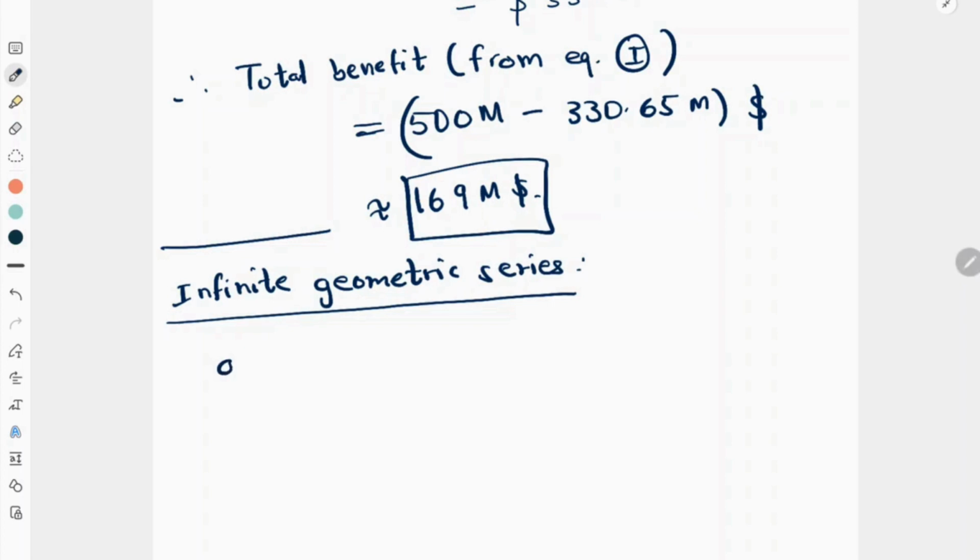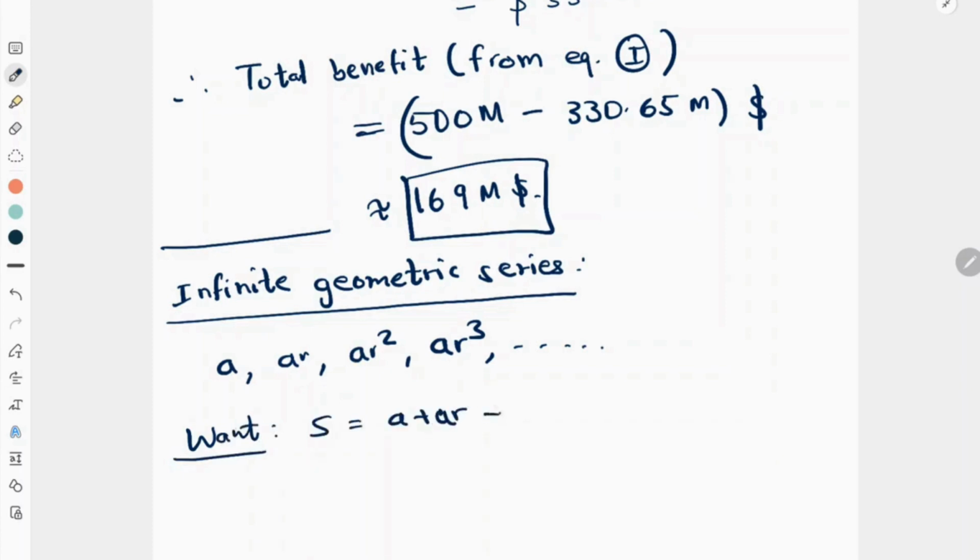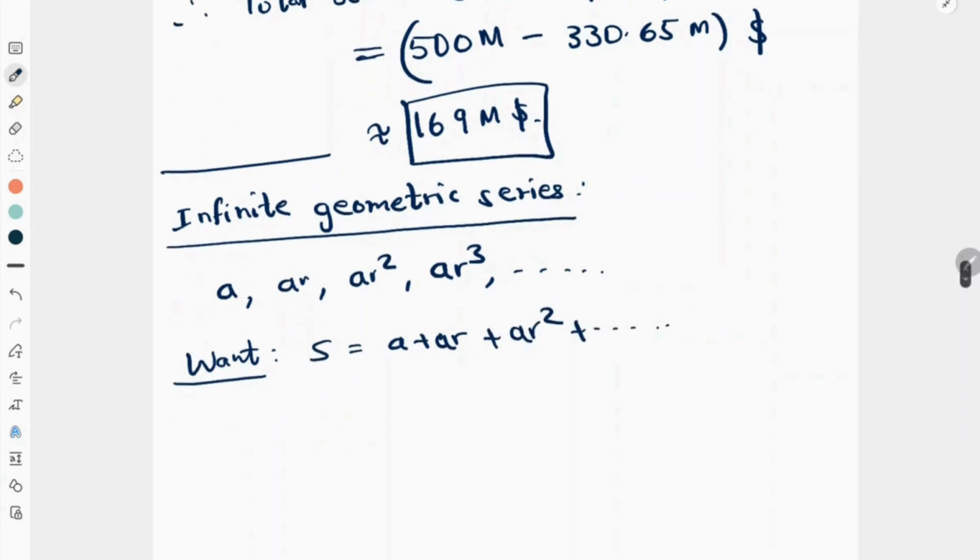So suppose I have a geometric series a, ar square, ar cube, all the way, and I want to sum the series. So I want s is equal to a plus ar square plus all the way. There is no last term in the series. The series continues to infinity.